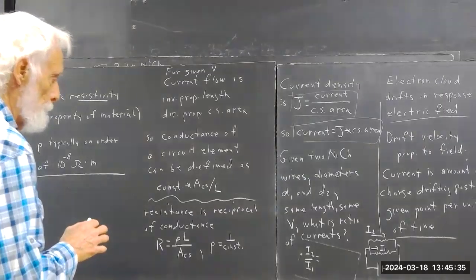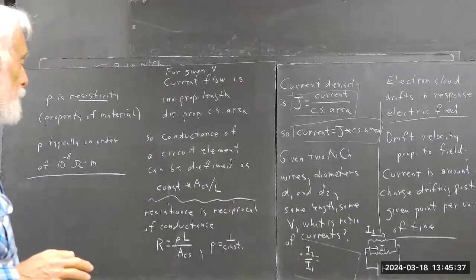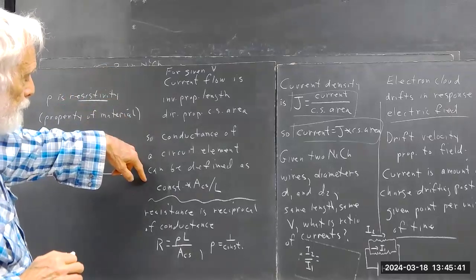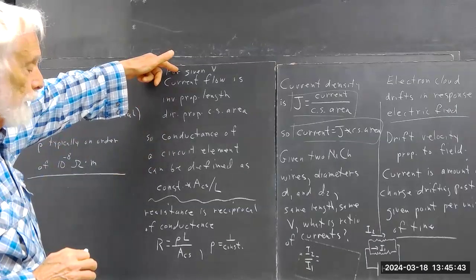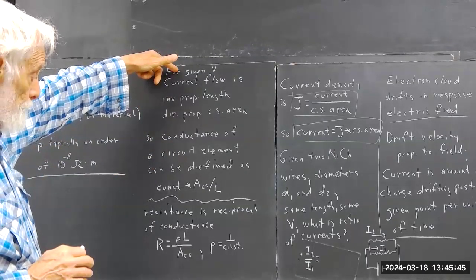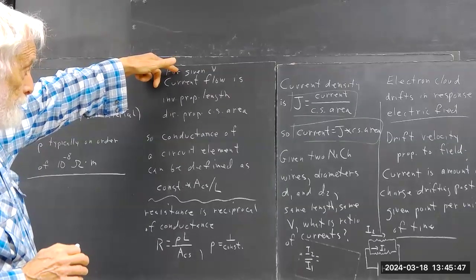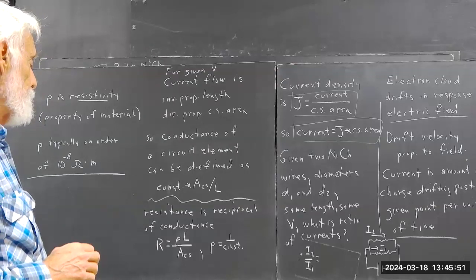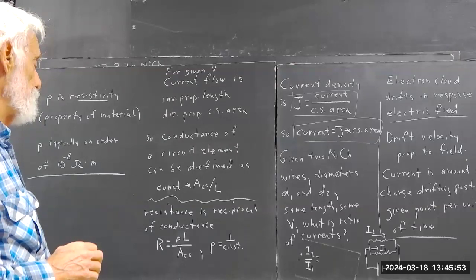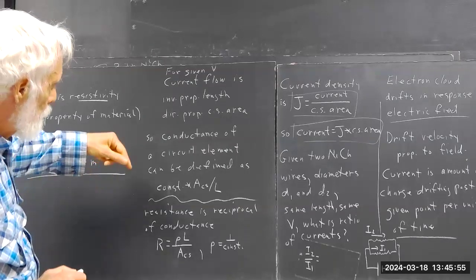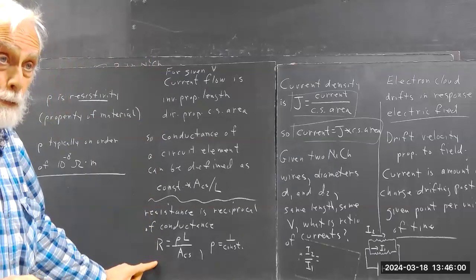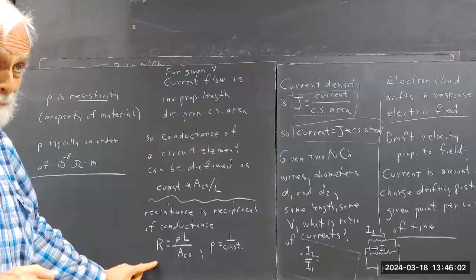If I multiply conductance by voltage, I get current. Therefore, if I multiply voltage by the reciprocal of resistance, I get current.